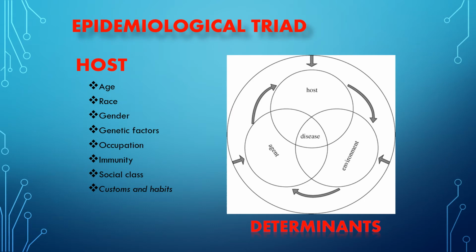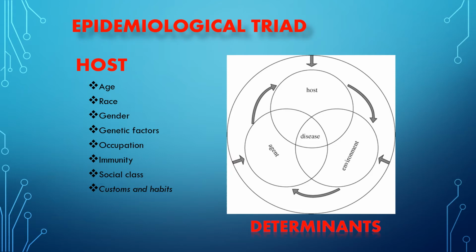Epidemiological triad. We have the host, we have the agent, and we have the environment. We look at the host now. The host could be the age. What about the age? Actually, oral cancer is more dominant in the higher age group, that means 50s and above.